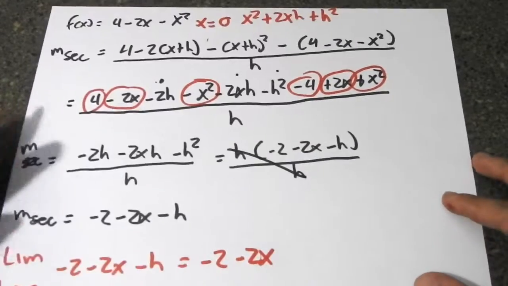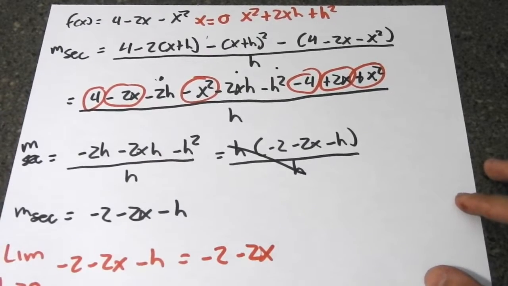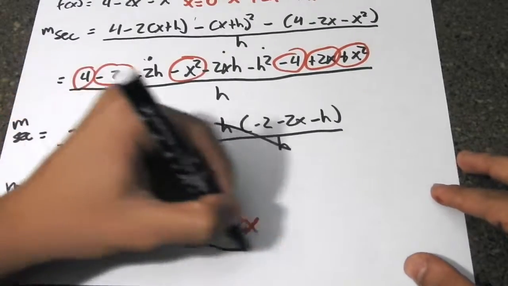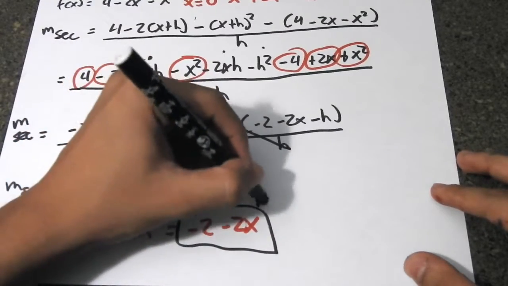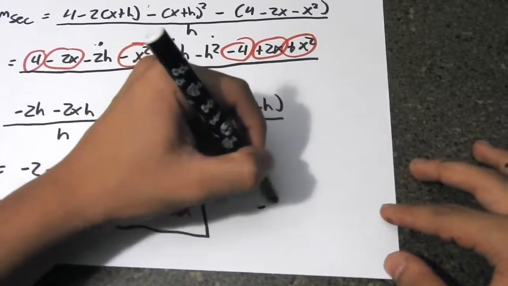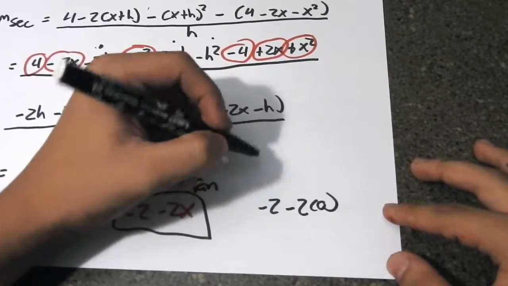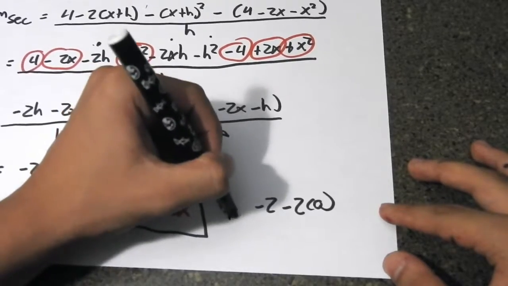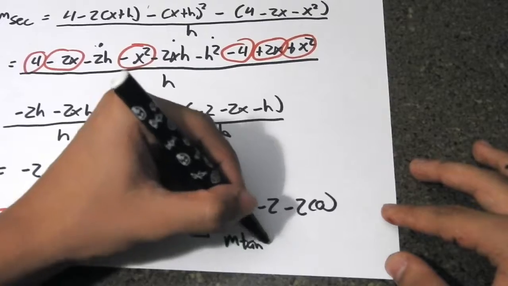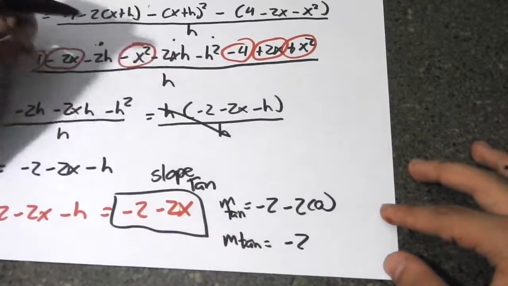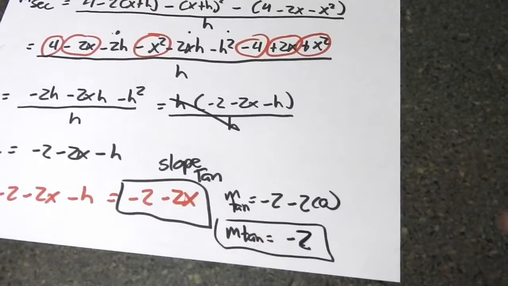Since we have the slope of the tangent line here, we might as well evaluate right away. So we have minus 2 times 0. So the slope of the tangent line is going to be negative 2.